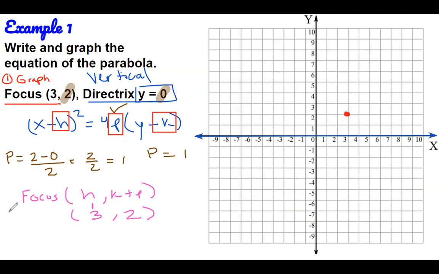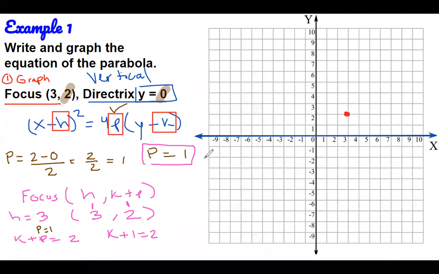So we have h equals 3. What does k plus p represent? 2. So we have k plus p equals 2. All right. We have 2 variables, k and p. However, guess what? We already have p. So what are we going to do with p? We're going to substitute that value. So let's substitute p equals 1 and continue to solve. So we have k plus 1 equals 2.